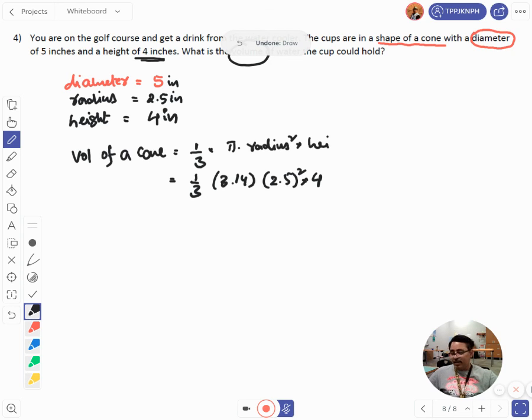Therefore, that goes here. Now take the calculator. It is 1 over 3 times 3.14 times 2.5 square times height 4. That is 26.16 cubic inches.